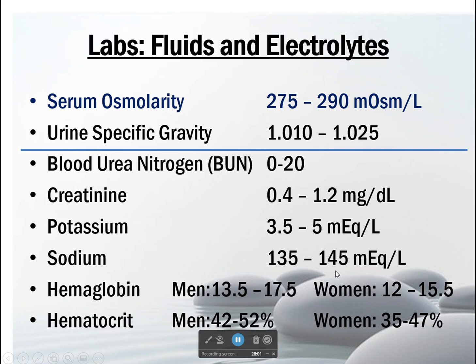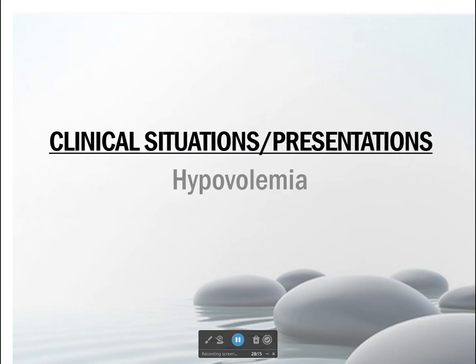You need to recognize that abnormal sodium levels can be an indication of someone being dehydrated or fluid overloaded. We'll talk about that more as we get into class. The next section will be clinical situations and presentations, and we will do this portion in the classroom. See you then.